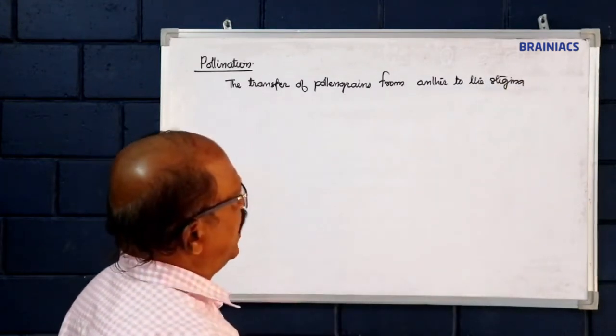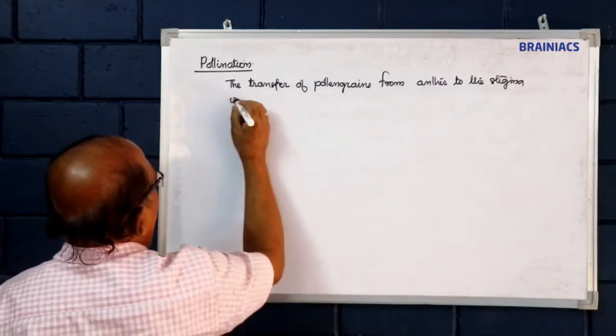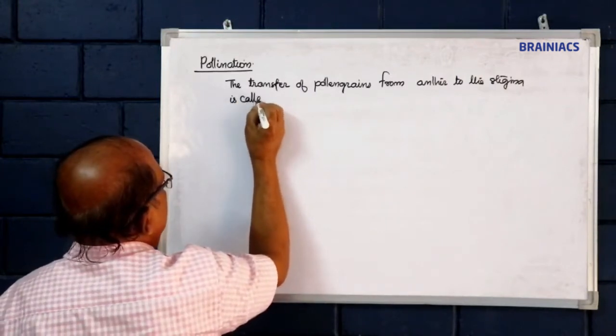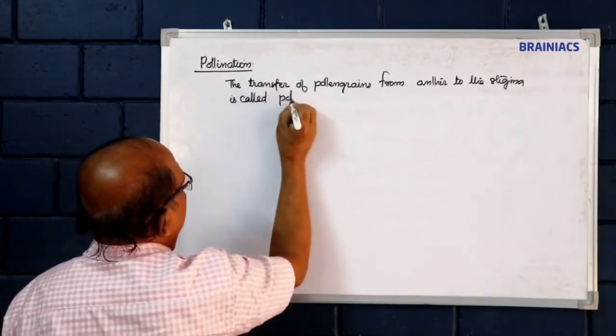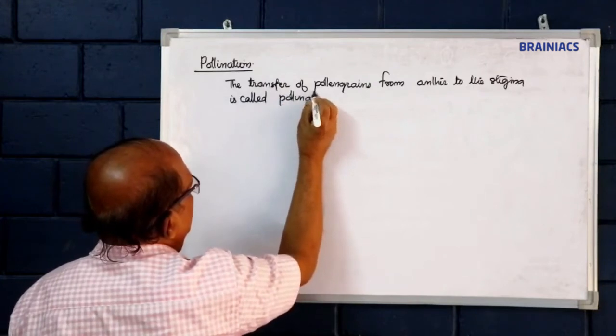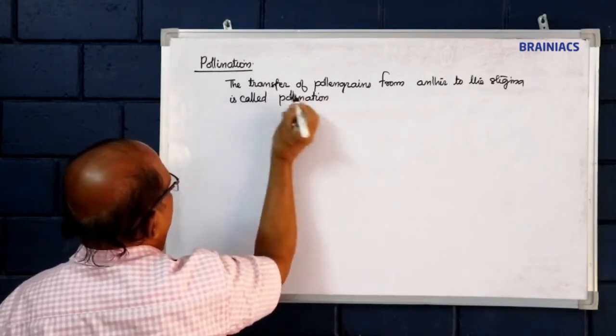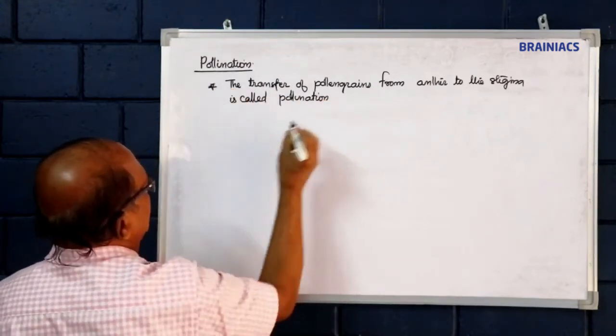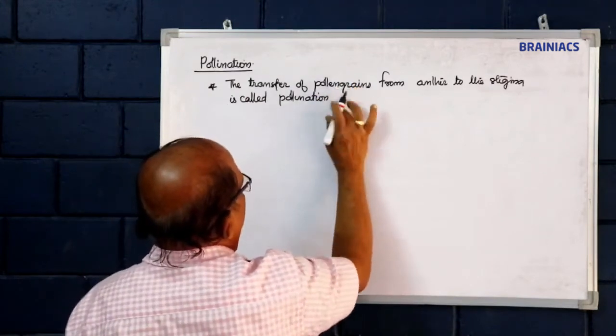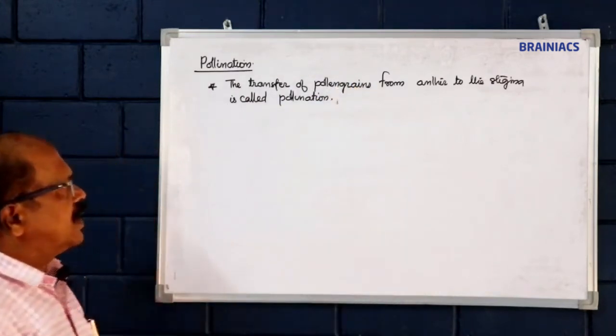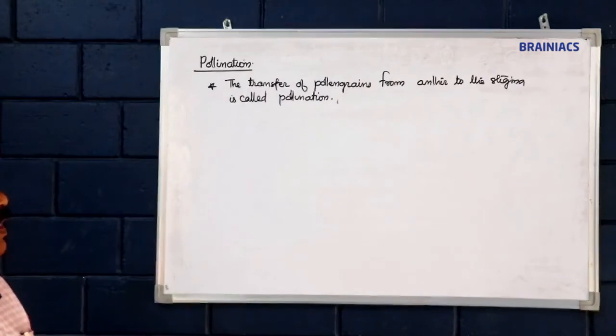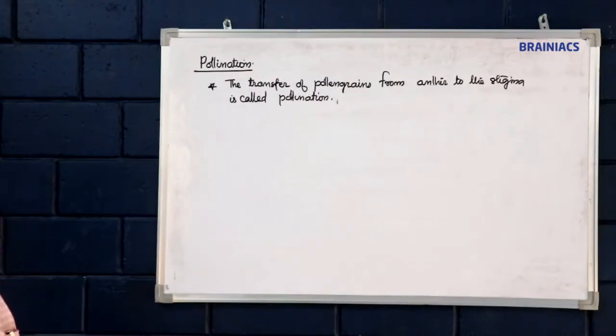Transfer of pollen grains from anther to the stigma is called pollination. So what is pollination? The transfer of pollen grains from anther to the stigma.